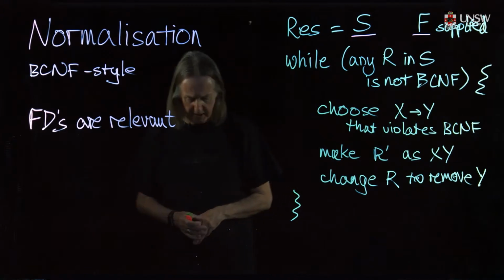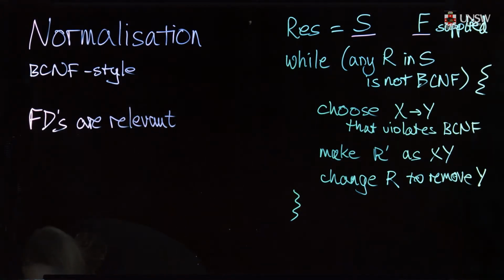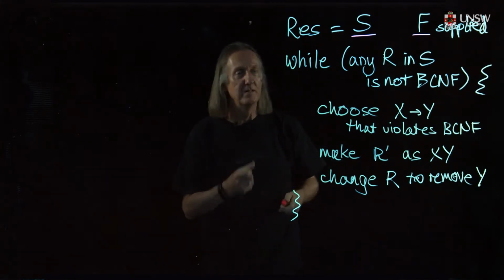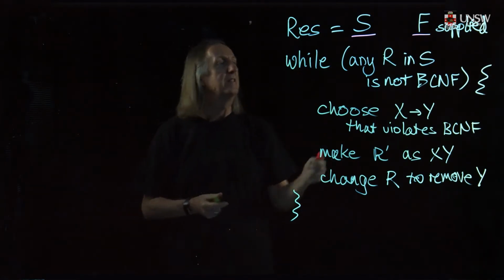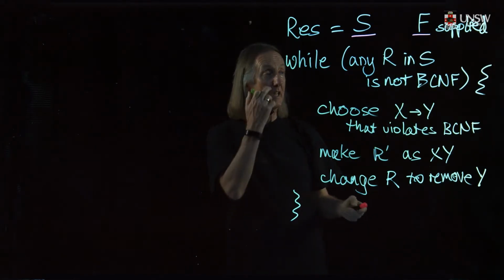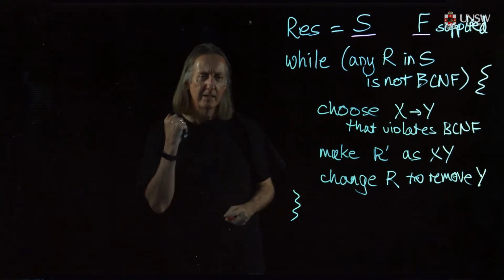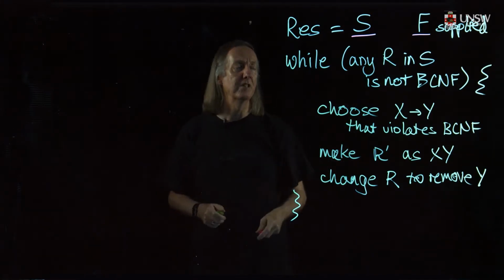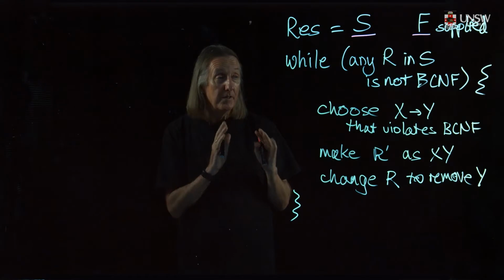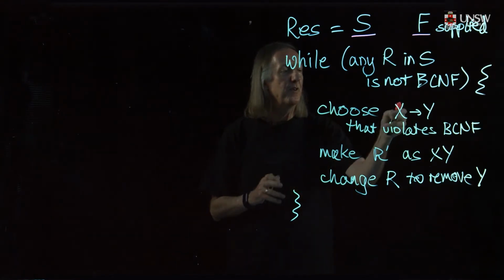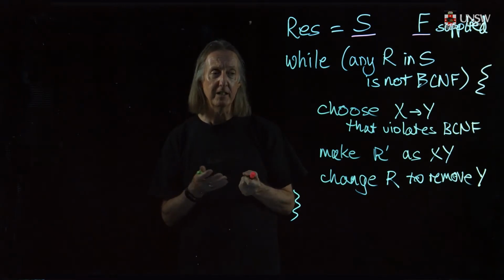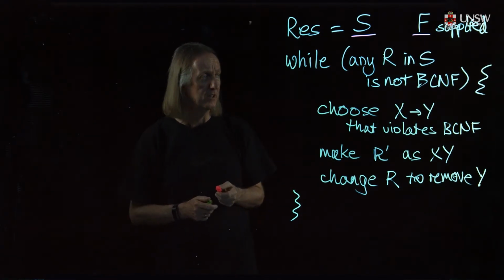Okay, so let's take a look at an example. So I've been a little bit loose in this discussion here, and basically a schema or relation R isn't in BCNF if there's some functional dependency that doesn't have a complete key on the left-hand side.